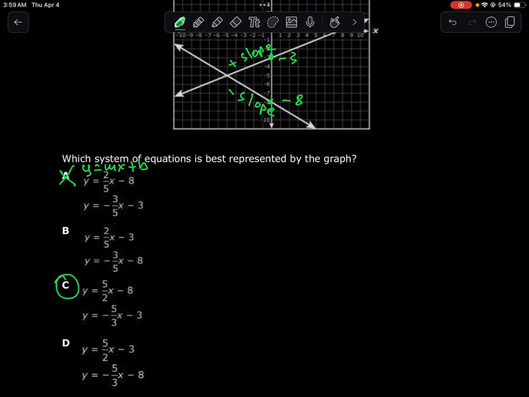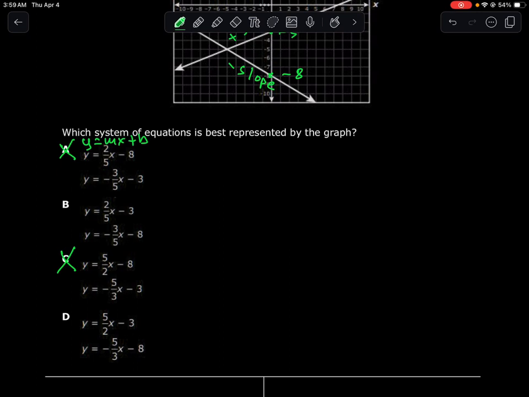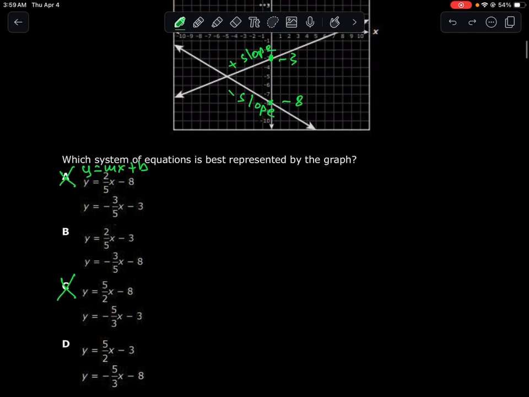Let's look at C now. -3 goes with a negative slope, that's not it. And answer D, -3 goes with a positive slope, -8 with a negative slope, that could be it. So it's between B and D. Now if I want, I can use rise over run and figure out the slope and see which one it is, but I'm not gonna do it.